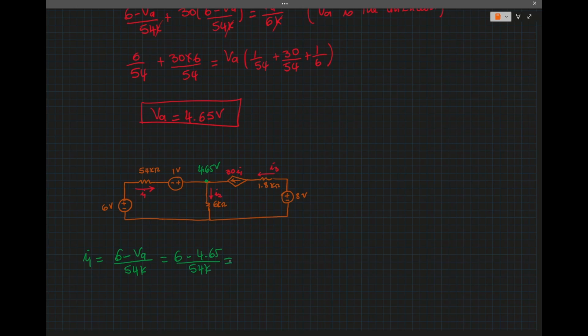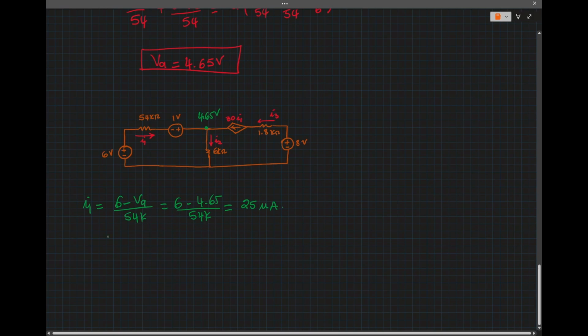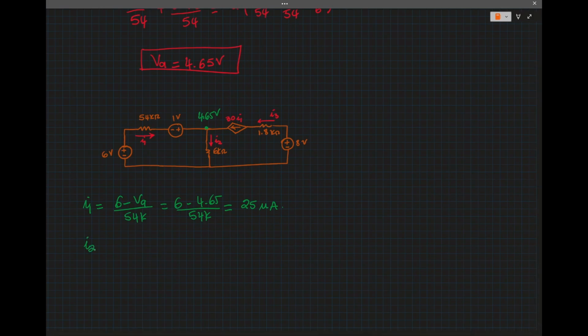Okay, so that will give me 25 microamps. Okay, and then we find I2. I2, we know that is VA over 6K.